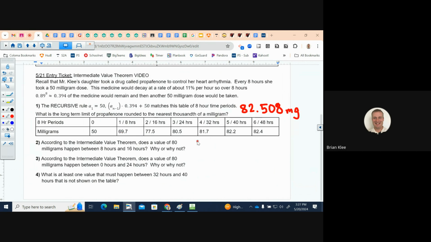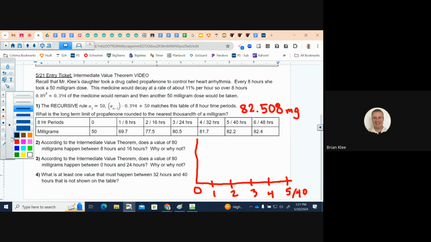So what's really happening with the graph? Let's see if I can make this somewhat accurate. There's a 0 hour, there's one 8 hour period, a second one, a third one, a fourth one, and we'll eventually talk up to a fifth one with 5 8 hour periods being 40 hours total. All right. So we start off, let's put a Y scale out here.